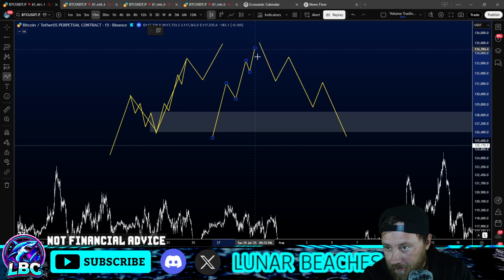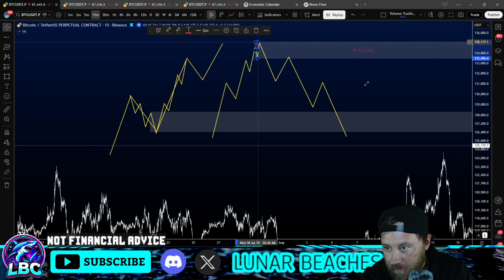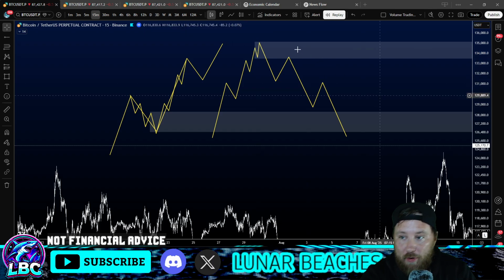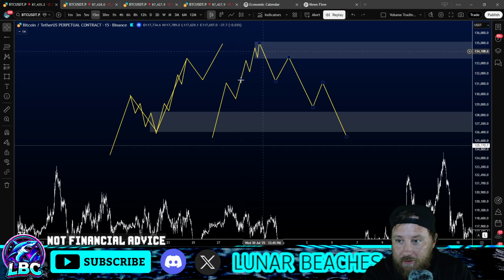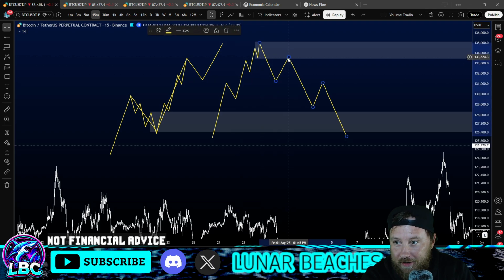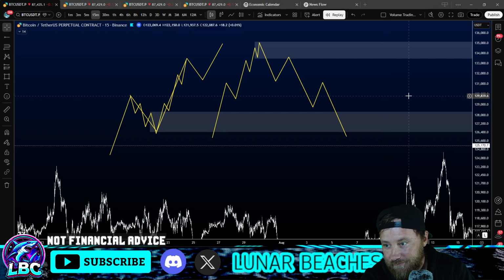This is like internal levels. So I like to take that last little swing and mark that off as my supply. Bonus points if you break internal lows and you return to that supply zone and you get continuation.